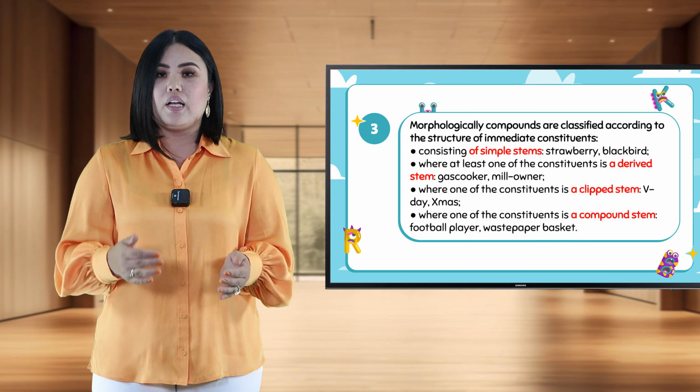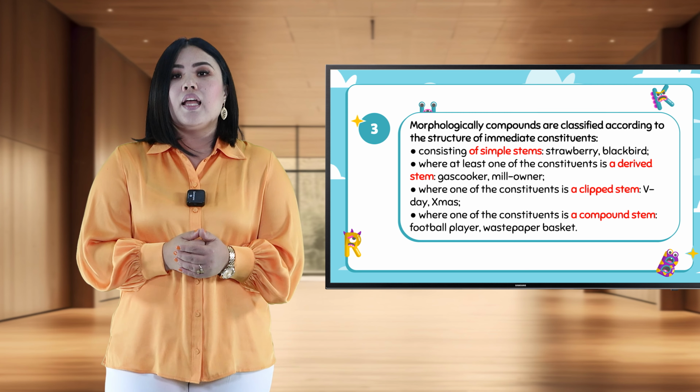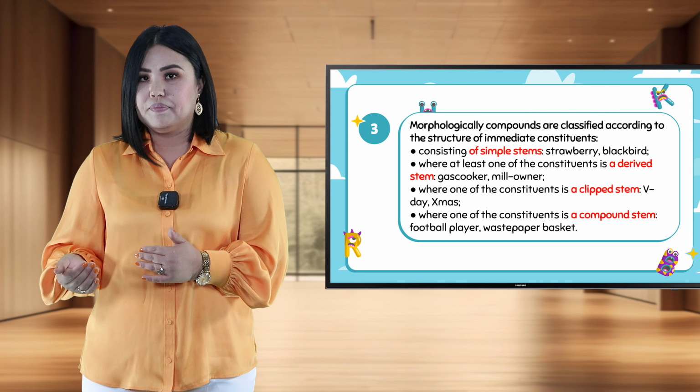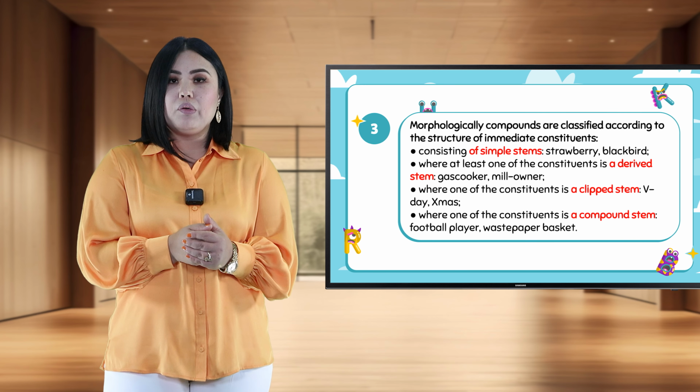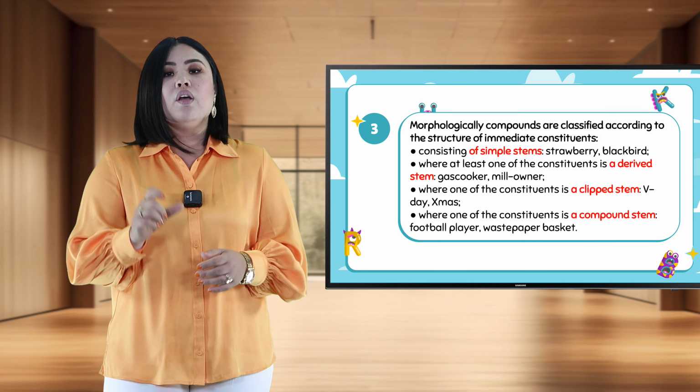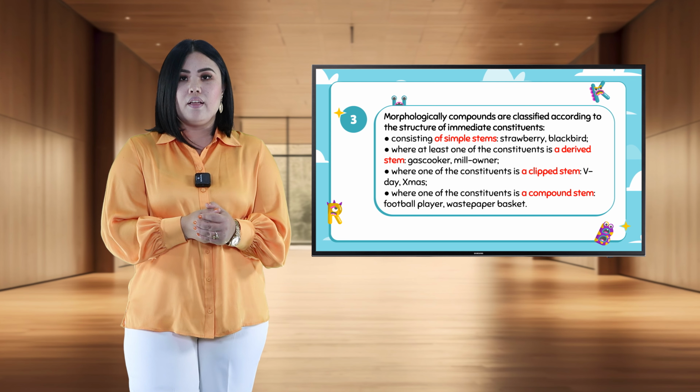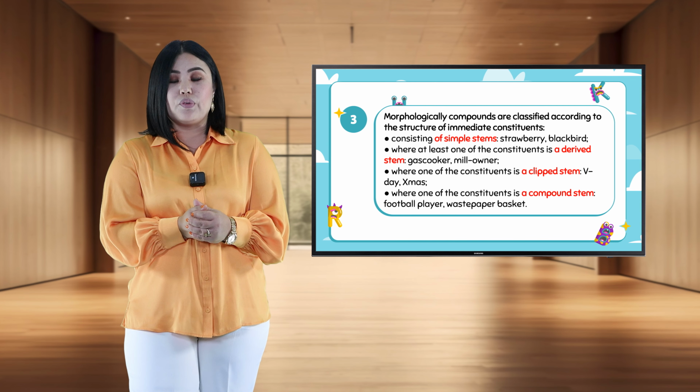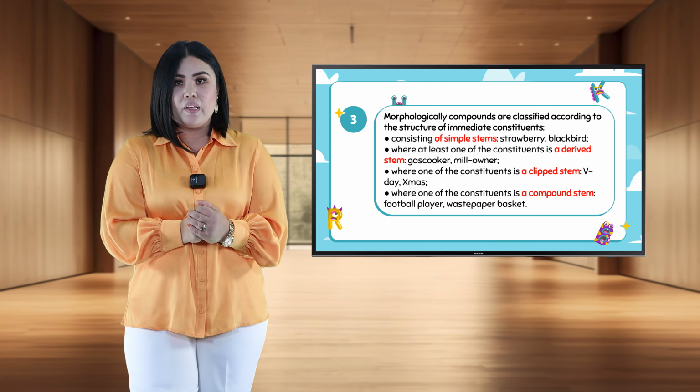Derived compound nouns, example, washing machine. Complex compound nouns consist of two or more stems. For instance, football player. And last type, compound shortened words, motocross. They are examples of compound words.